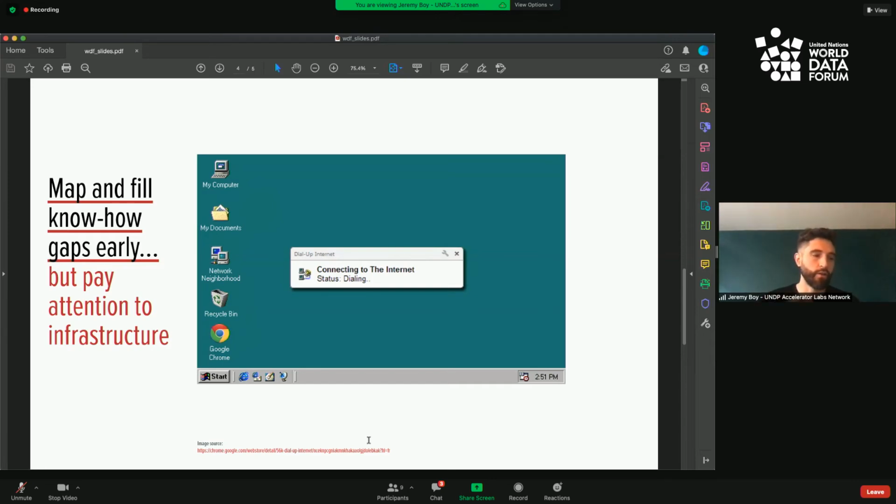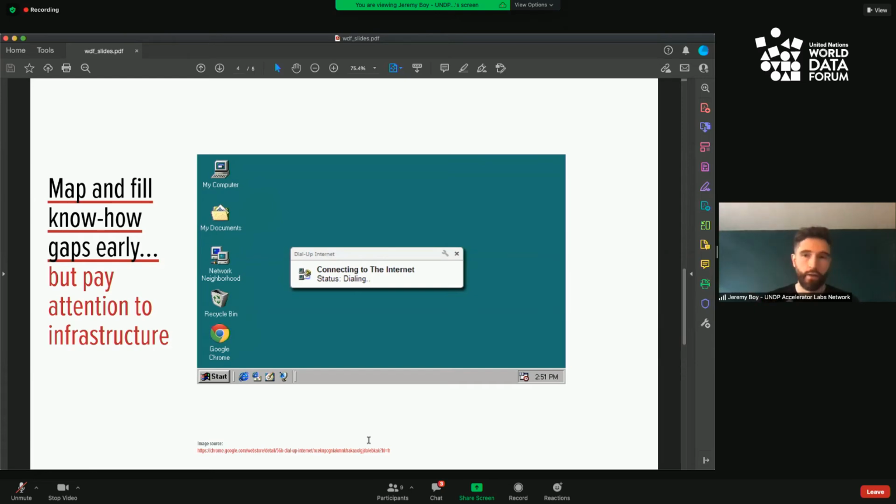And so I think there are two takeaways here from this short anecdote. One, that there are skills everywhere, and that data for development is not necessarily just something that has to happen in the global north, or that can happen in the global north.